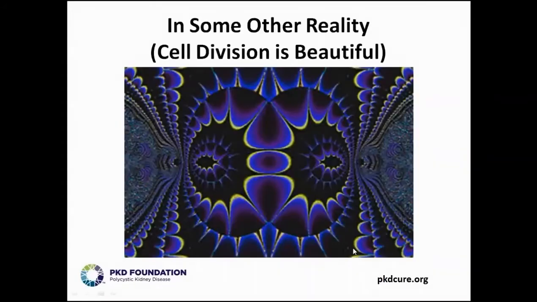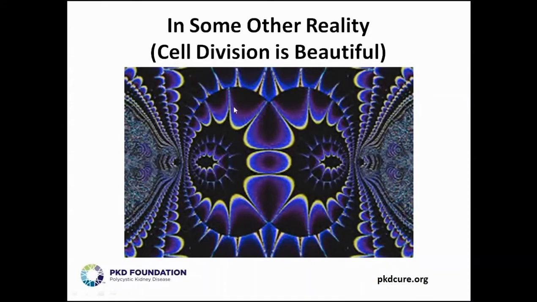In some other reality, because in looking up these images on the web, this was included in images of mitosis, and I was just stunned by how beautiful it is. And this has more relevance towards a certain area of mathematics, but this is really what's going on as cells separate.